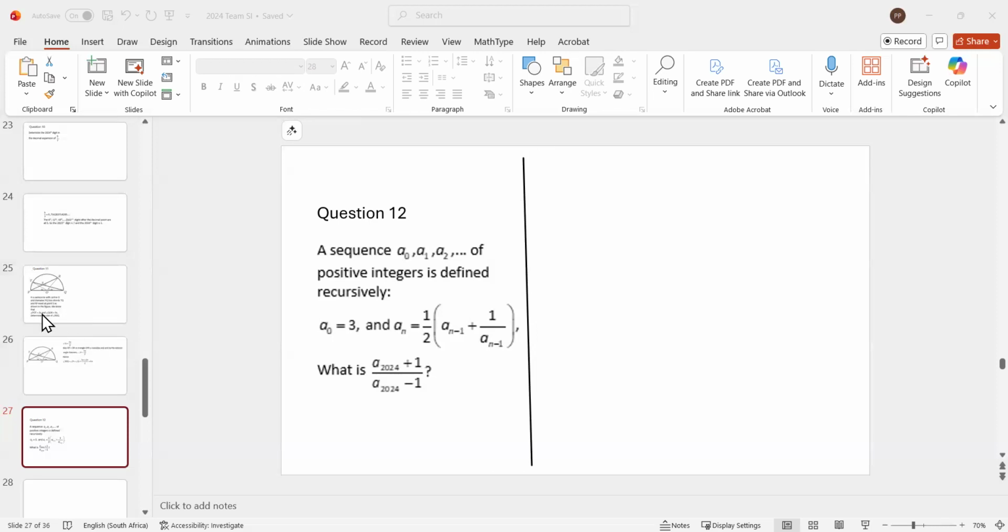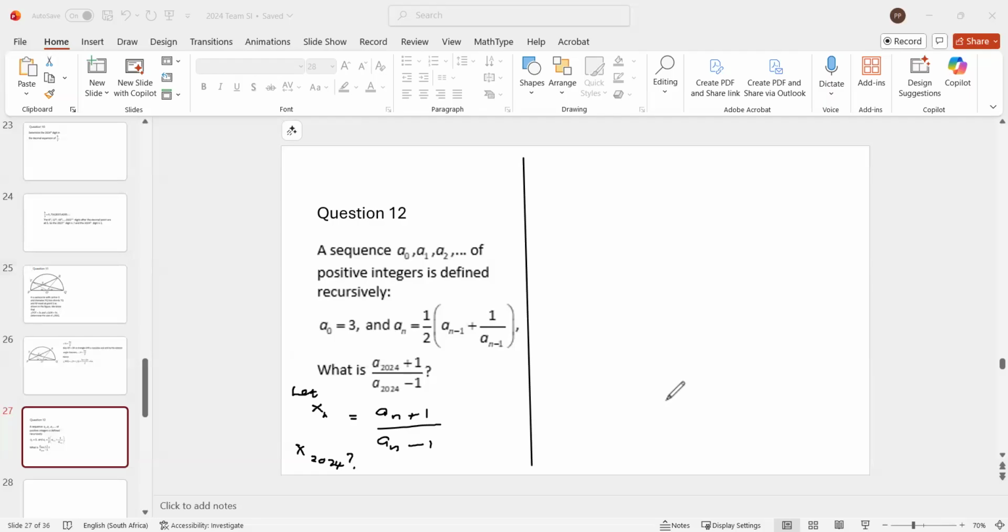So let me give a name to this thing here. Let's call this x subscript n, equal to a subscript n plus 1 over a subscript n minus 1. So the question is to work out what x subscript 2024 is. So that is the question.